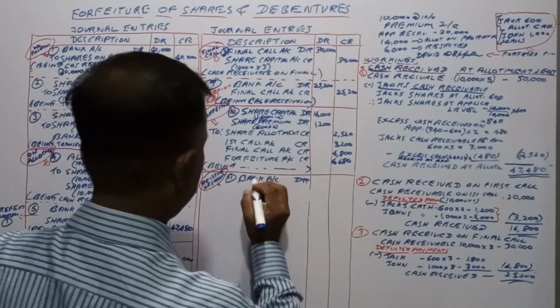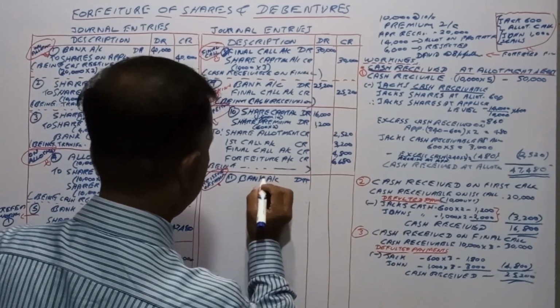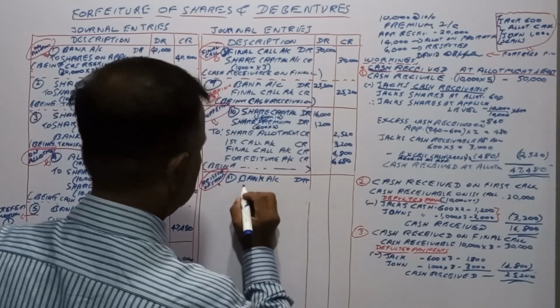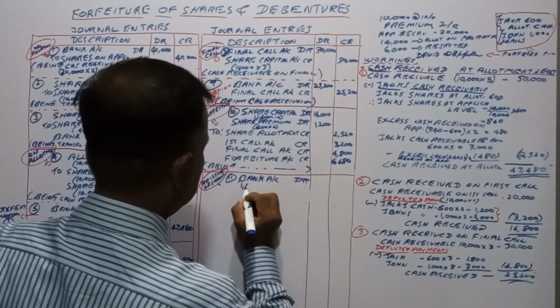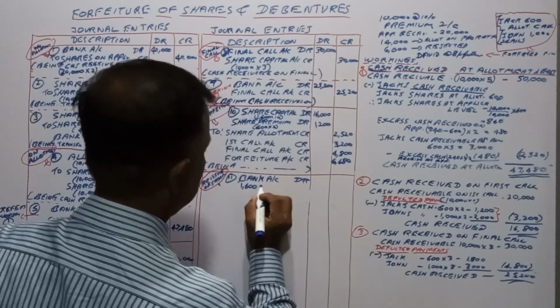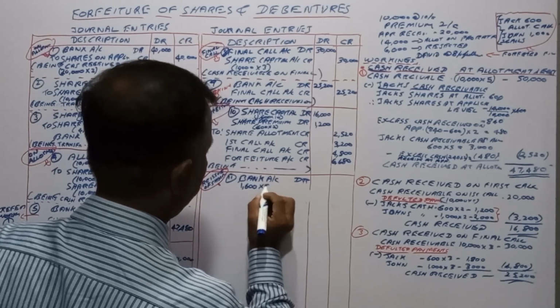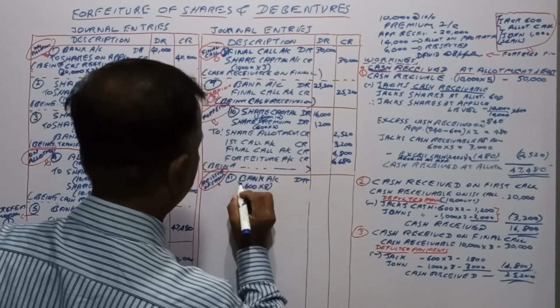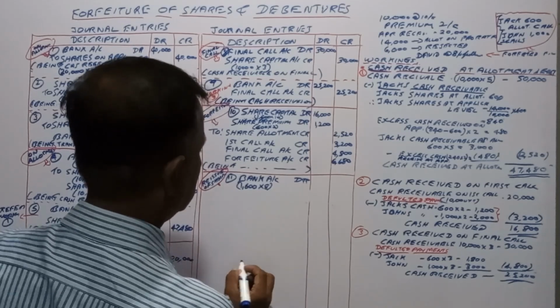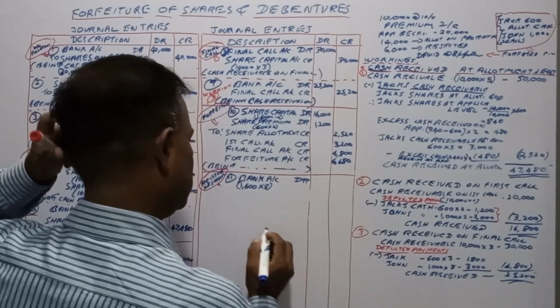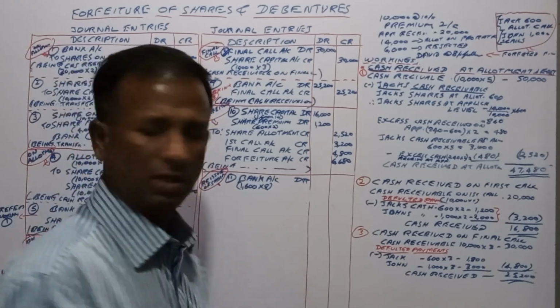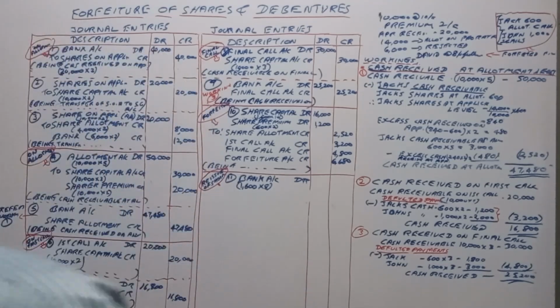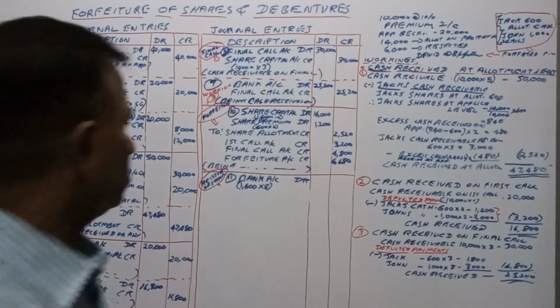We are issuing 1,600 shares at the rate of 8 rupees. 1,600 into 8 is 12,800.